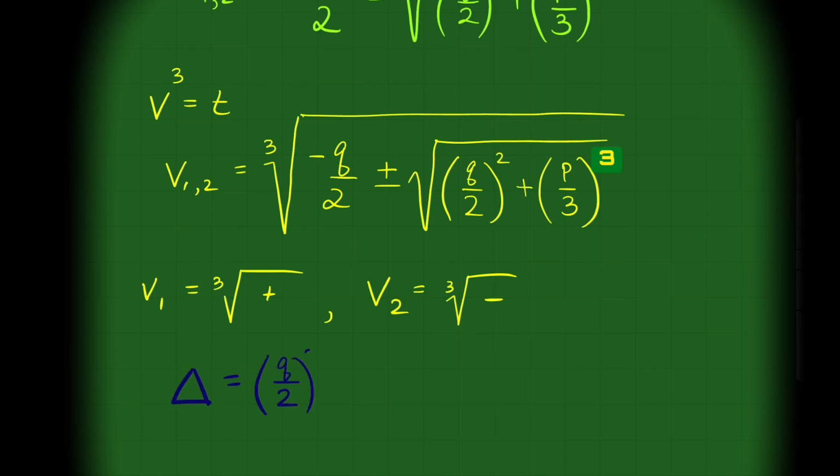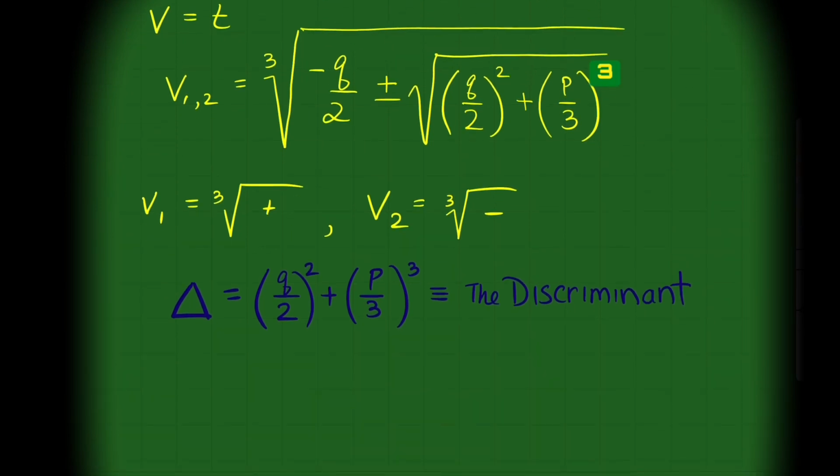Now the Greek letter delta is going to be used here to signify q over 2 squared plus p over 3 cubed. And this would be the discriminant of the cubic equation. Just like the quadratic equation has a discriminant, this one too has a discriminant. If this discriminant is positive, greater than 0, then that indicates the cubic equation will have one real solution and two complex solutions.